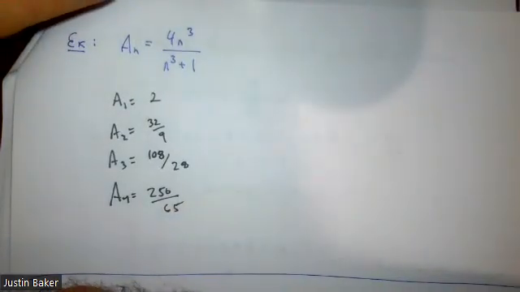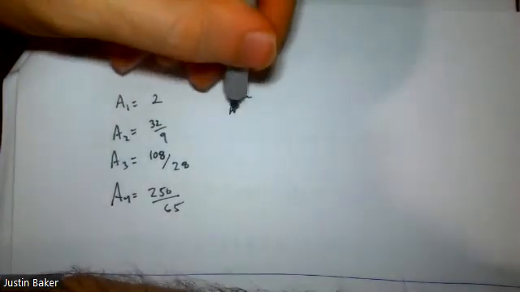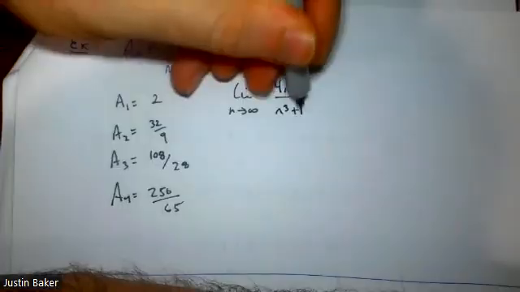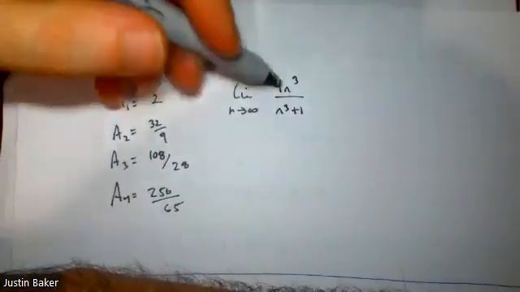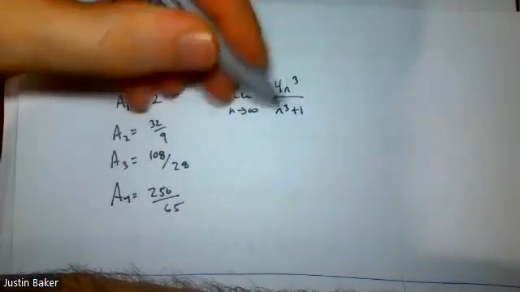All right, so we've got some results there. As we set up the limit as n heads to infinity for 4n to the third over n to the third plus 1, you've got to think about what this means. As you go to infinity, these two terms are going to be the same thing.